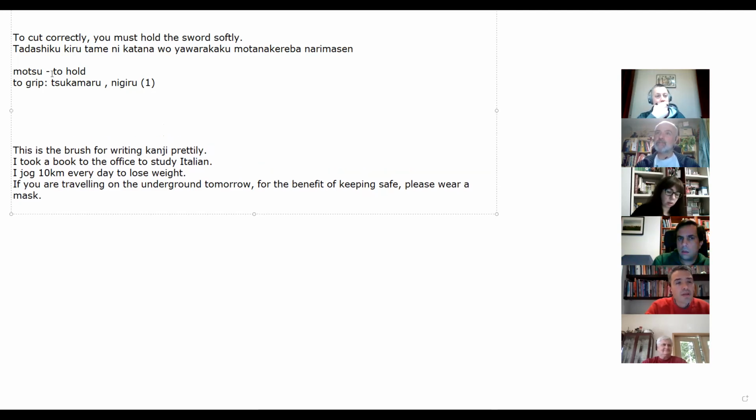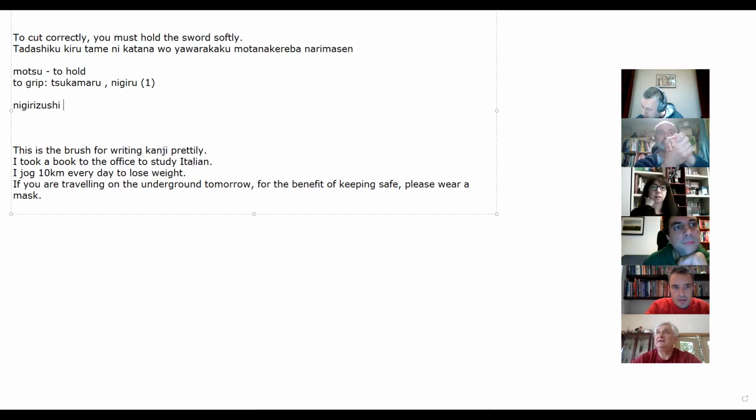Joel, if you've spent time in Japan, then you almost certainly have come across this word nigiri. Sushi? Yes. Nigiri sushi. So this specifically means the sushi that's made by putting some fish on rice and squeezing it. Squeezed, in comparison with sushi which is rolled up, which is makizushi.